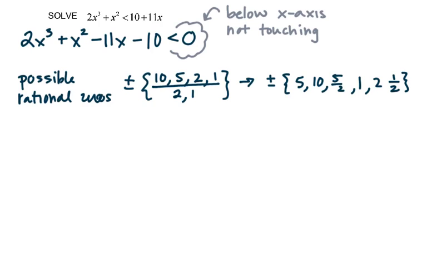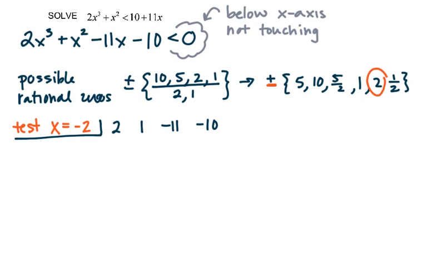And we're just going to pick one of them to test. And because I want to speed this up, we're going to use -2. So I'm going to test x equals -2. Testing x equals -2 with my synthetic division, I'm going to list my coefficients, 2, 1, -11, and -10.